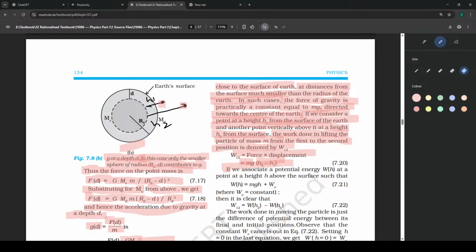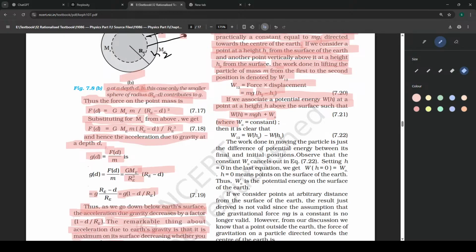If we associate a potential energy W_h at a point at a height h above the surface such that W_h equals mgh plus W naught, where W naught is a constant, it is clear that W12 equals the potential energy at h2 minus the potential energy at h1.